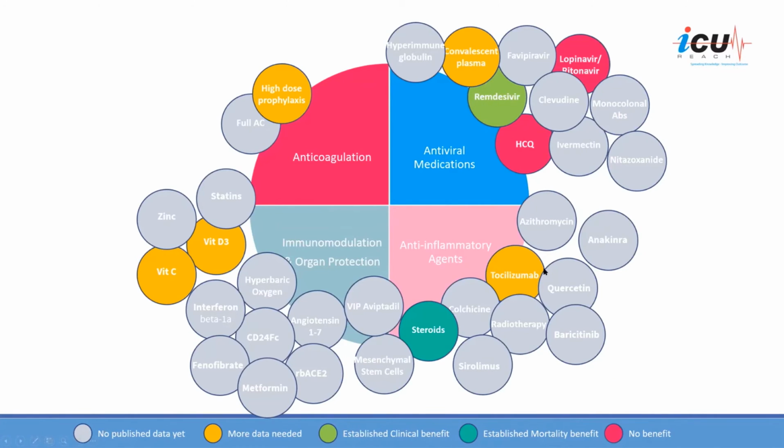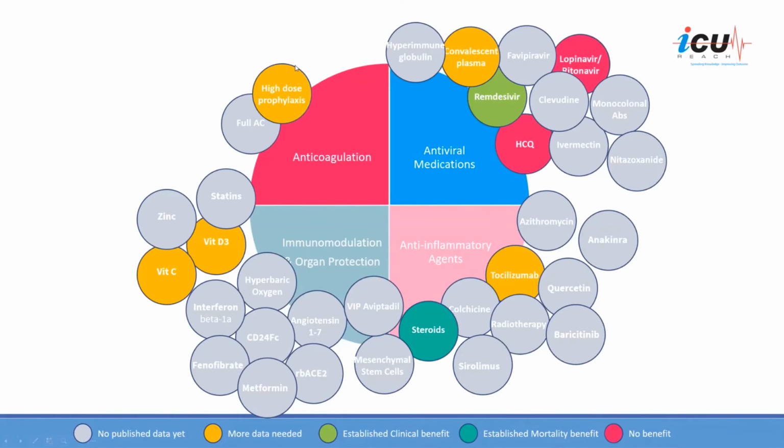You've probably seen the different studies that are published, and the company has released the results of their study for tocilizumab showing that it is not benefiting patients, but we have other studies published showing that the medication may benefit certain types of patients. So we need more data in order to make a decision. Similarly, convalescent plasma is very conflicting, but we also have some studies that support its use.